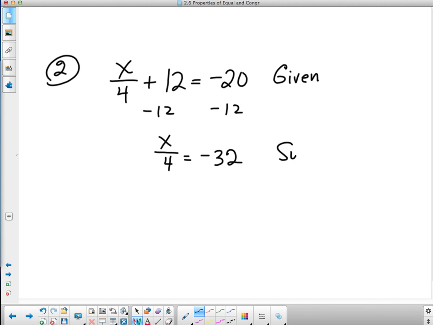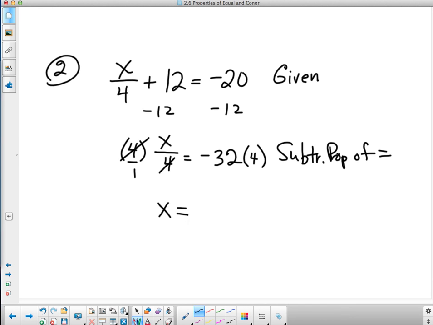That was the subtraction property of equality. Now you're multiplying by 4 on each side, because multiplying by 4 will cancel out the dividing by 4 that was there. So x will equal negative, I think it's 128. That was the multiplication property.